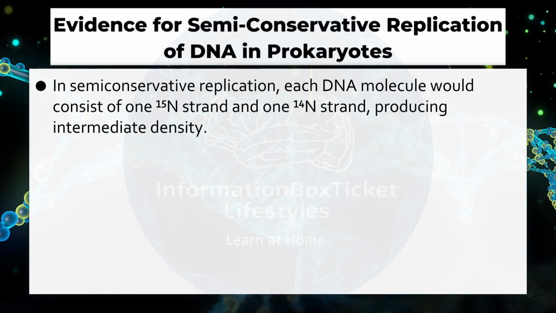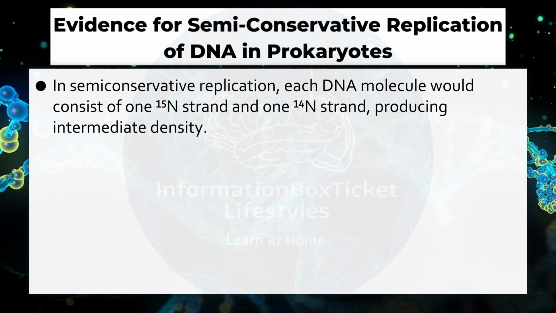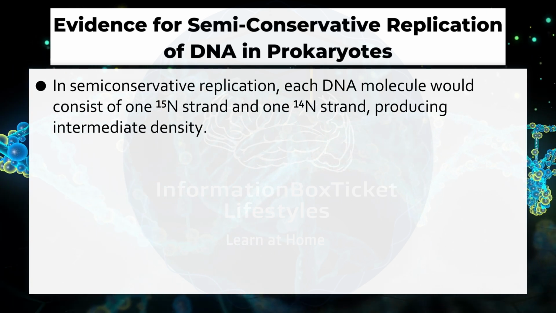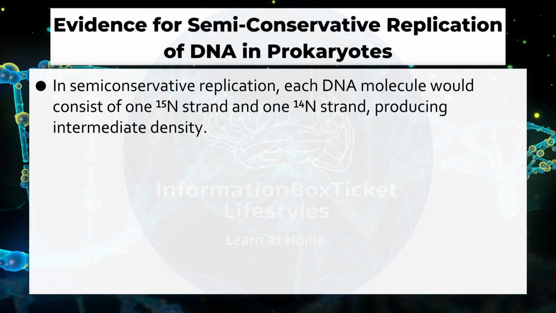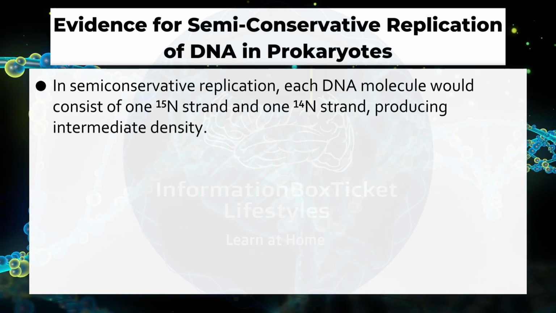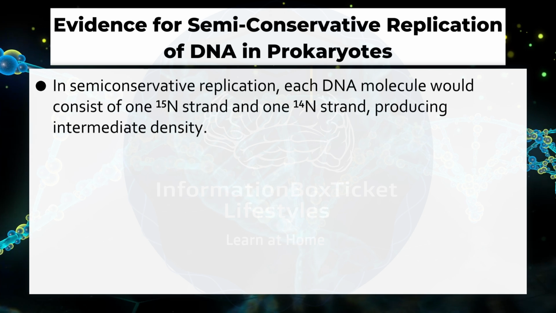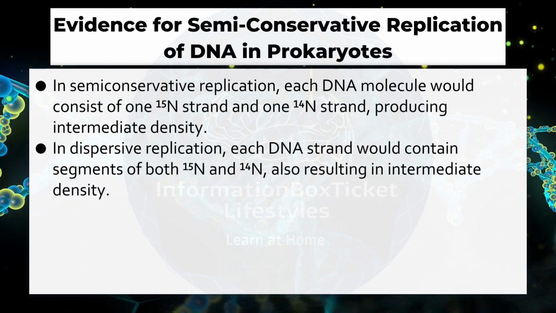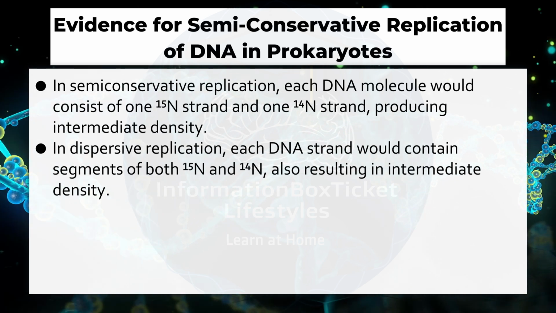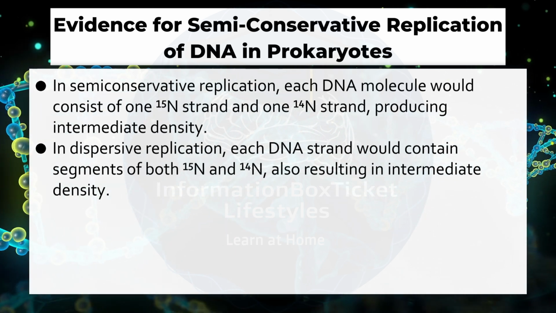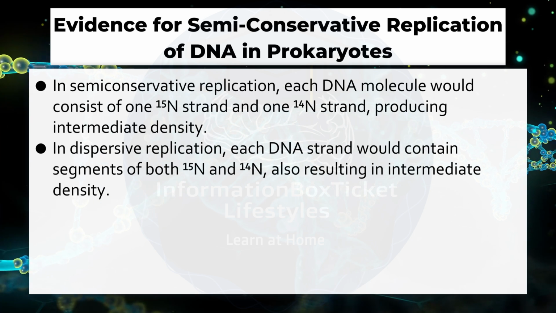In semiconservative replication, each DNA molecule would consist of one 15N strand and one 14N strand, producing intermediate density. In dispersive replication, each DNA strand would contain segments of both 15N and 14N, also resulting in intermediate density.